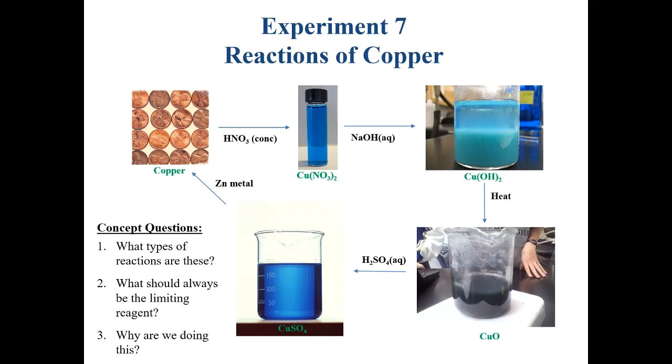Over time, these pennies get oxidized and develop impurities. So when pennies come back to the mint, you have to repurify them into a purer form of copper to then remint them into new pennies.